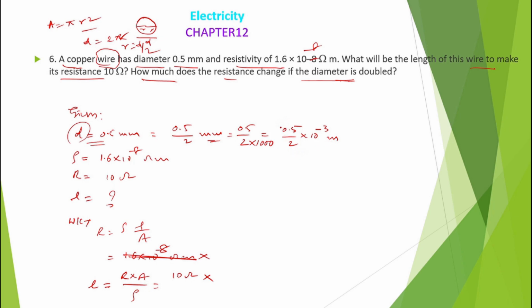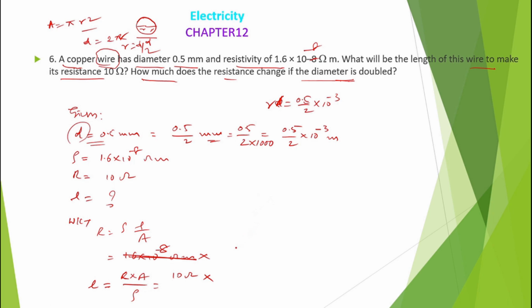This is the dia. So D is equal to 0.5 divided by 2 into 10 to the power of minus 3. Okay, now it is not a D, it is R.